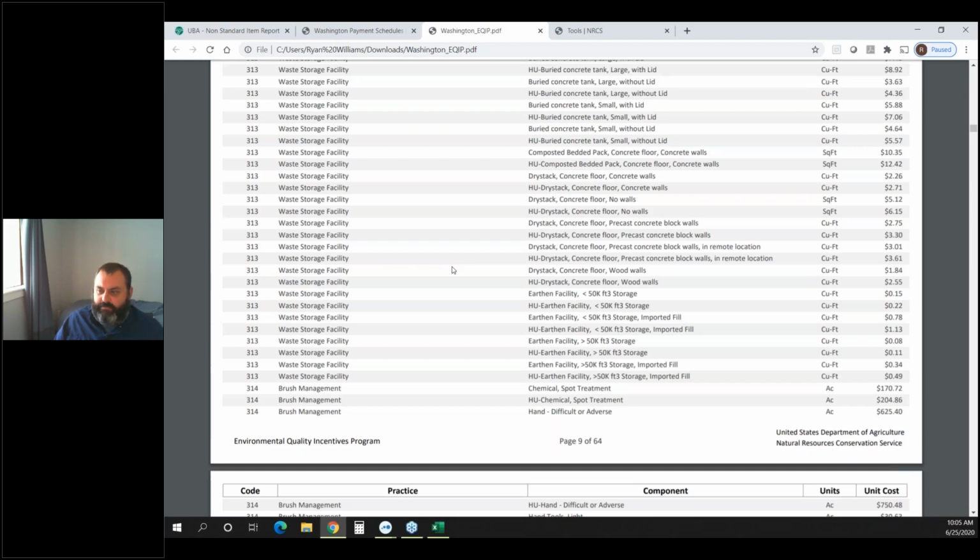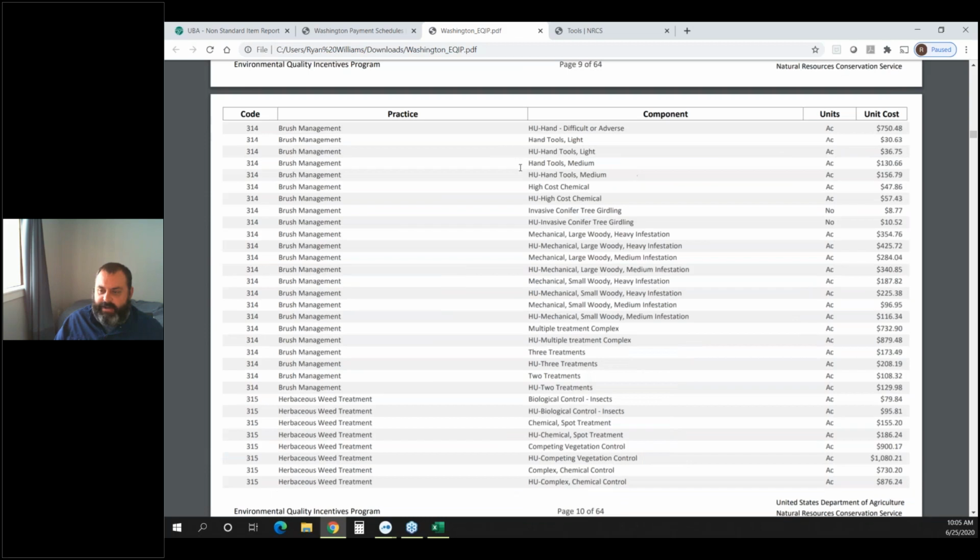And so looking into figuring out what percentage is it really expected to cover for brush management or that kind of thing. So that's an important component to remember, that this is actually going to be low probably. And then it's also averaged, I think, across the whole state. So it factors in things like the cheaper contractor on the west side might bring the east side estimates down.